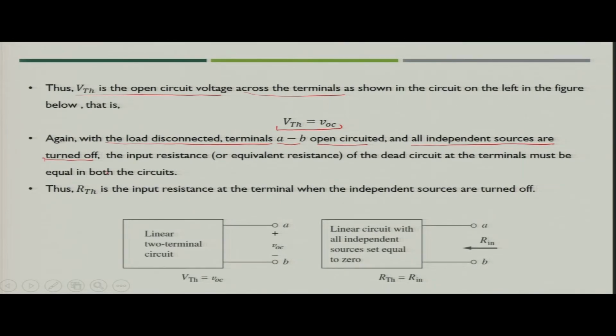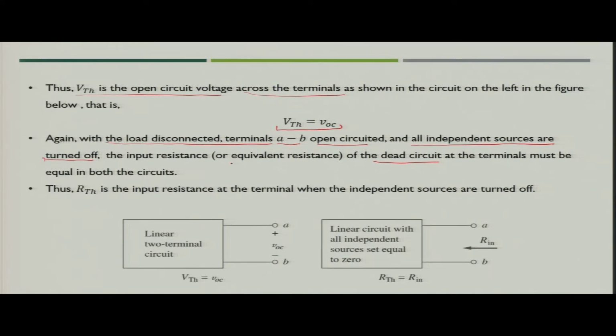Turning off the independent sources means if you have a voltage source inside, you will replace it with a short circuit, and if you have a current source, you will replace it with an open circuit. So, in that case, this linear two terminal circuit would be nothing but a dead circuit, because there is no source available.